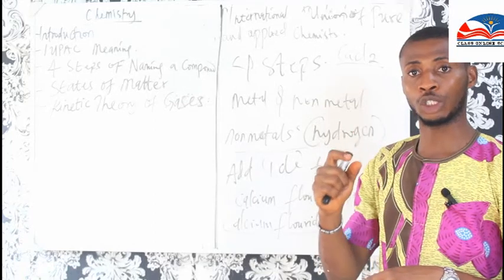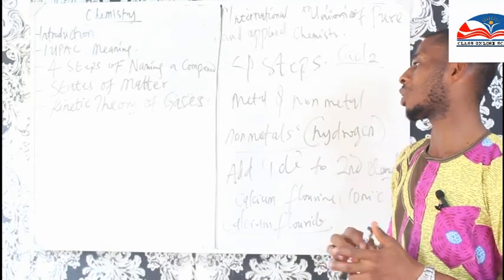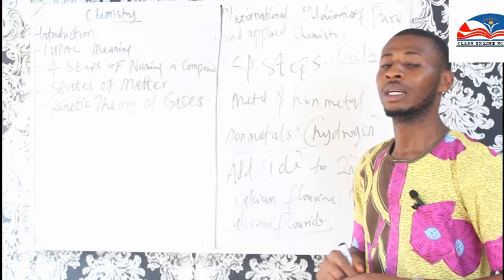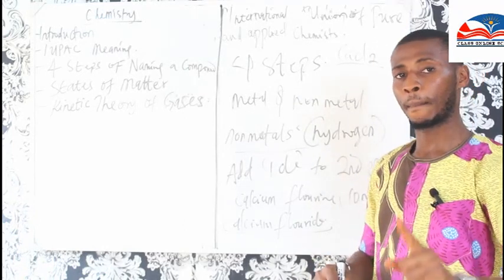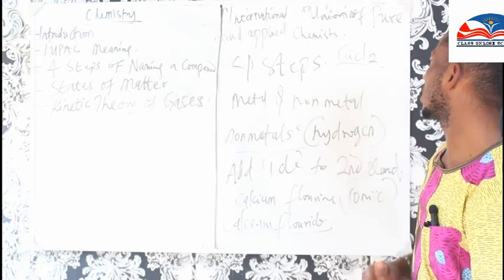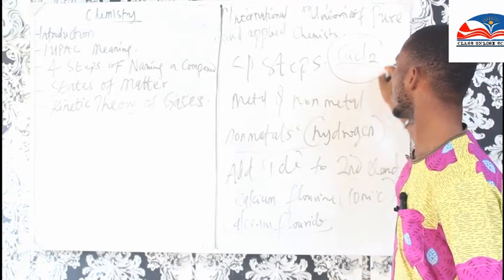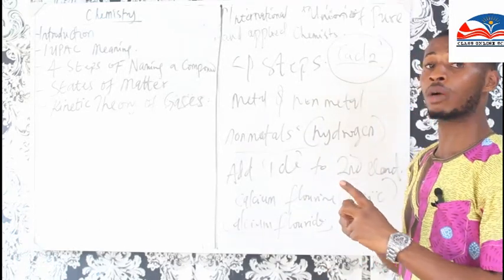Those are transition elements. Now check whether they are transition elements that have the capacity of displacing other elements. Do you know why? Okay, no worry, I'll get back to this.